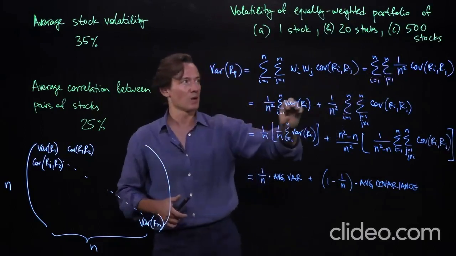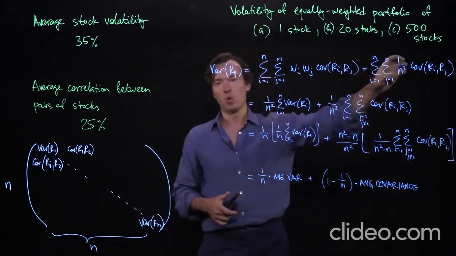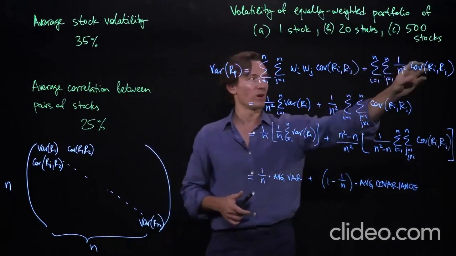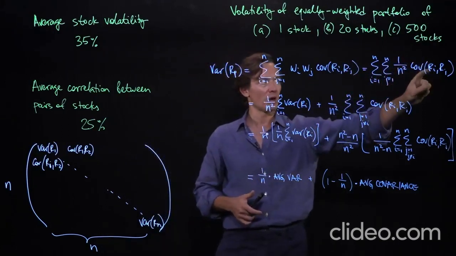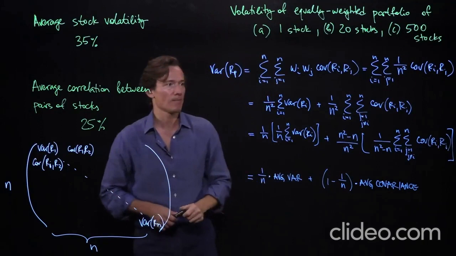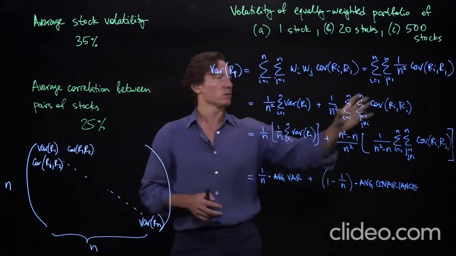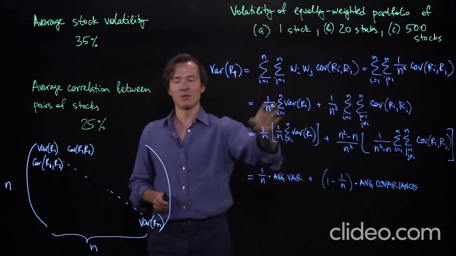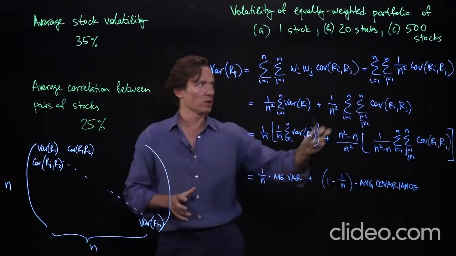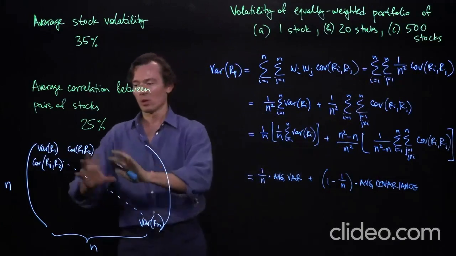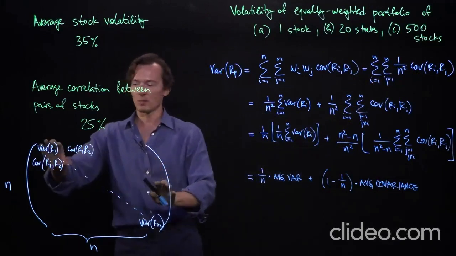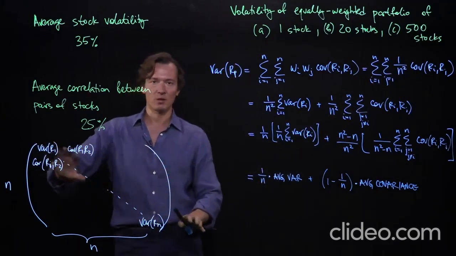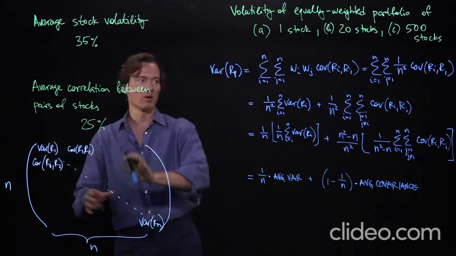So this variance becomes the sum of 1 over n squared multiplied by the pairwise covariance between stock i and stock j. Now I'm going to break down this sum into the following 2 sums. One is the sum of these variances. So visually, what I'll try to do here is separate the variance, what I have on the main diagonal, from the covariances.